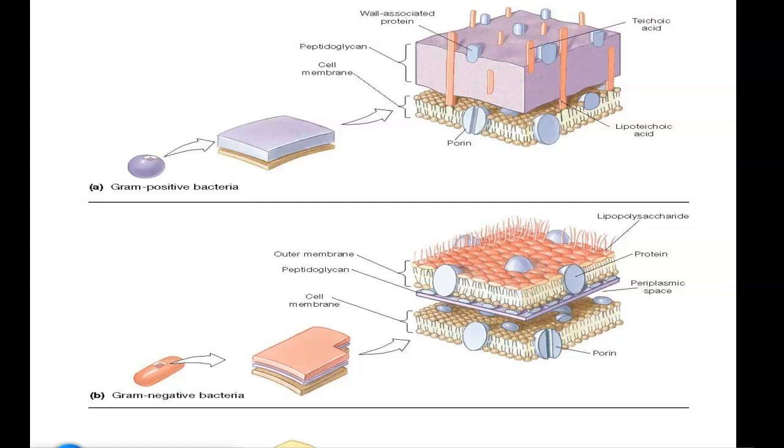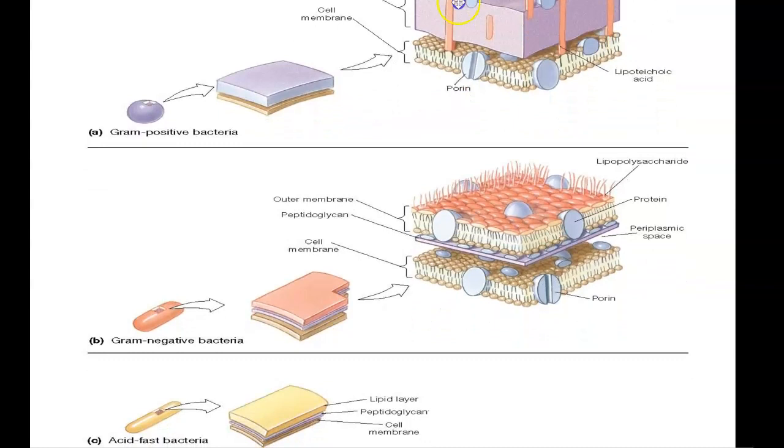If you look at the second picture, here's that peptidoglycan sandwich that I was talking about. We've got that inner membrane, a thin layer of peptidoglycan, and then that outer membrane. You'll notice that there's that lipopolysaccharide, that endotoxin, which is part of that outer membrane. So you can see where it looks like that peptidoglycan sandwich.